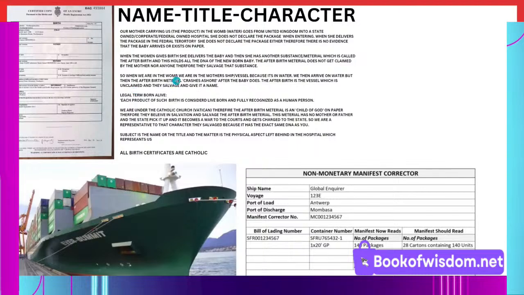Here's the legal term, born alive. Here's what it says. Each product of such birth is considered live born and fully recognized as a human person. So each product of such birth, so that could be anything. The afterbirth, the person who actually comes out, the baby.